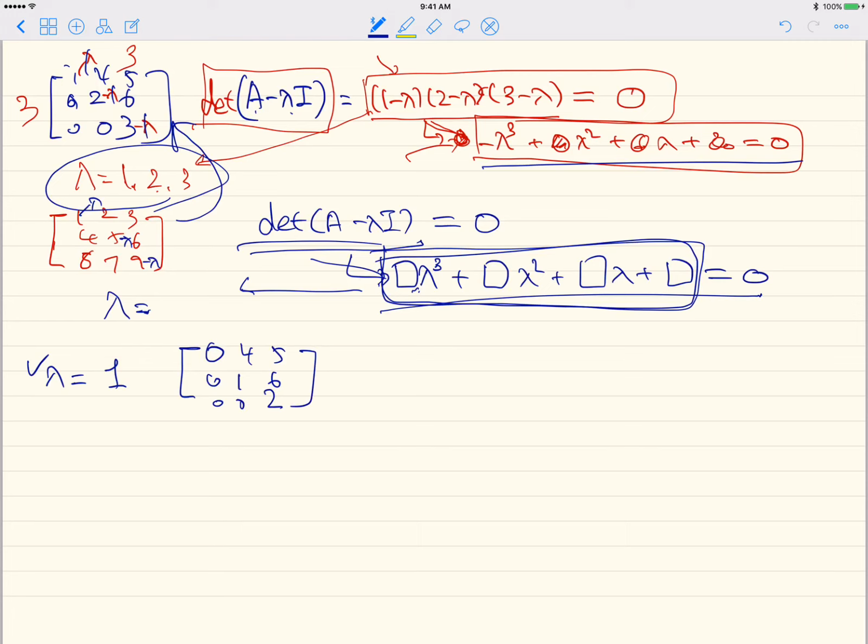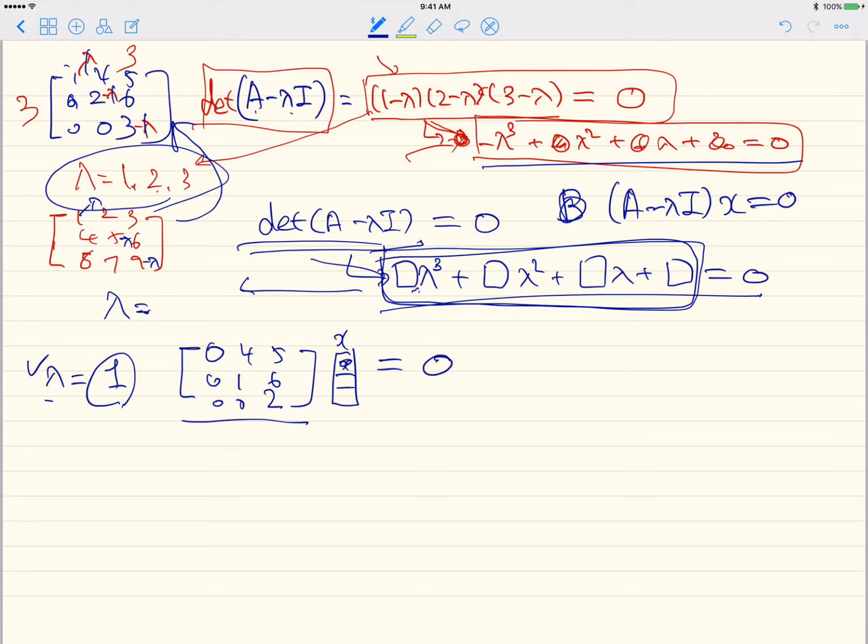And then how can we obtain the eigenvector? We solve this guy, A minus lambda I, and x becomes 0. So this is our A minus lambda I when lambda was 1, and then we set x here to 0.